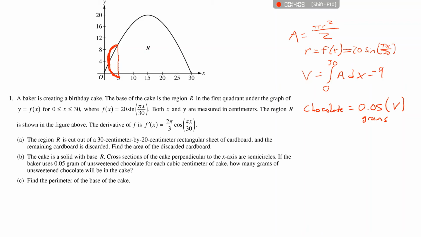I feel like I didn't halve that radius, did I? I need to go back. Okay, so I made a mistake when I typed that in. This radius is not just f of x. What should this radius be?